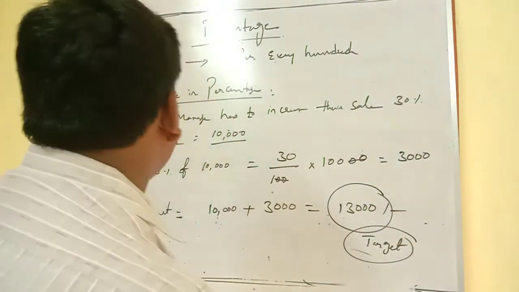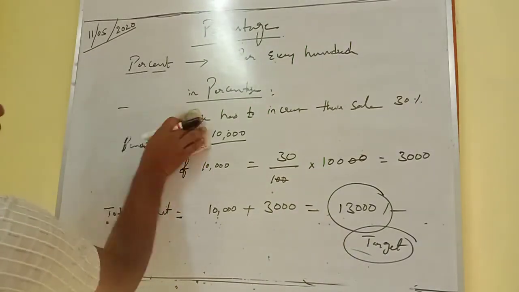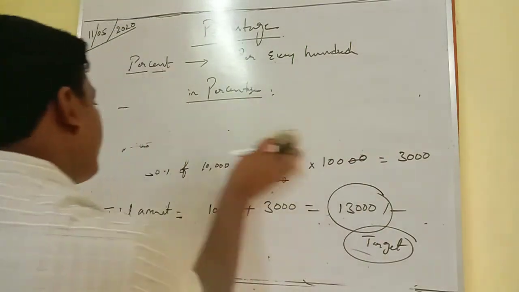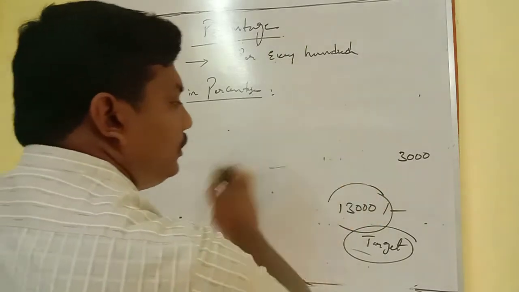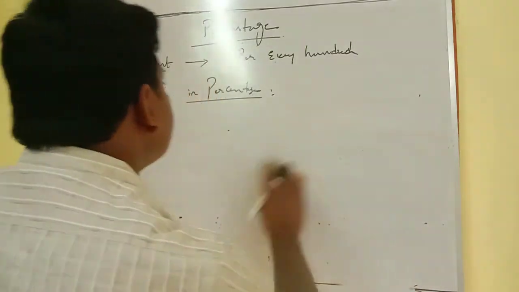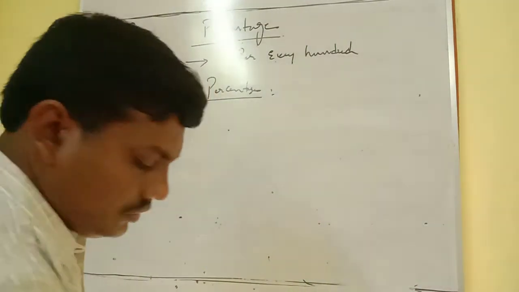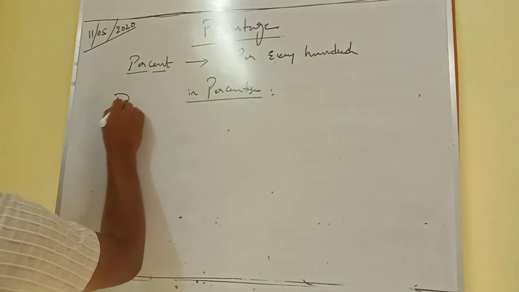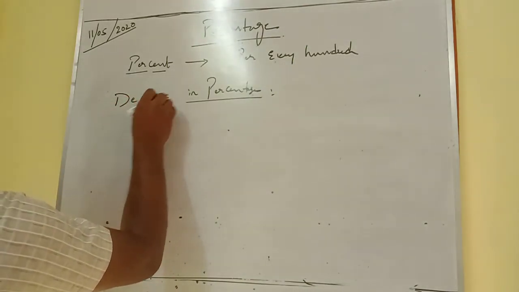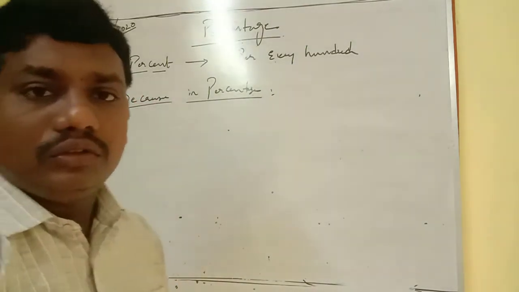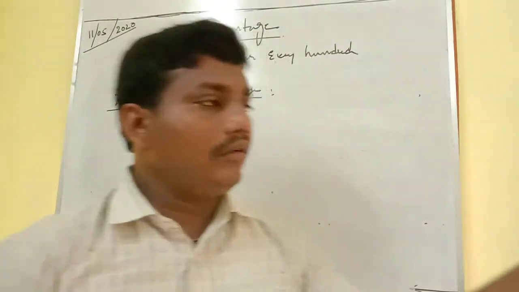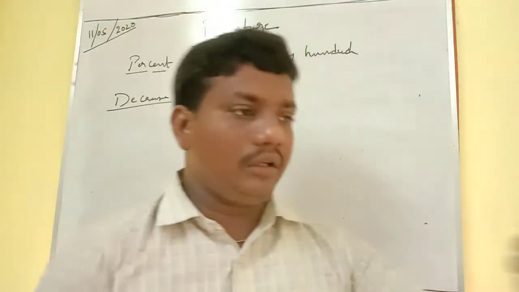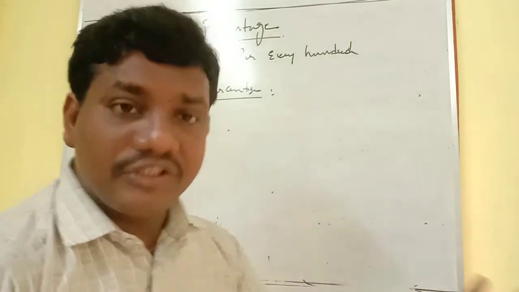Now what is the decreasing percentage? Let me see how to calculate the decreasing percentage. Suppose we bought a product from the company, let me consider a TV.